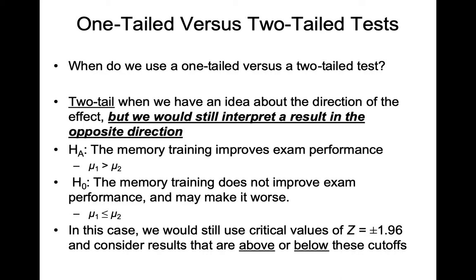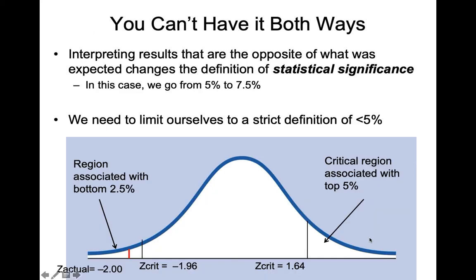Like I'm pretty confident, but if I'm wrong, I'll still want to report a statistically significant reduction in exam scores, or it got worse, in which case I'll still use the critical value that is associated with that two-tailed test. And here's why.